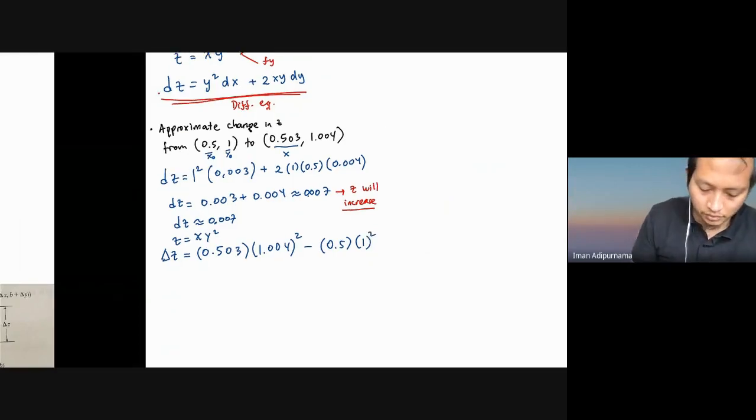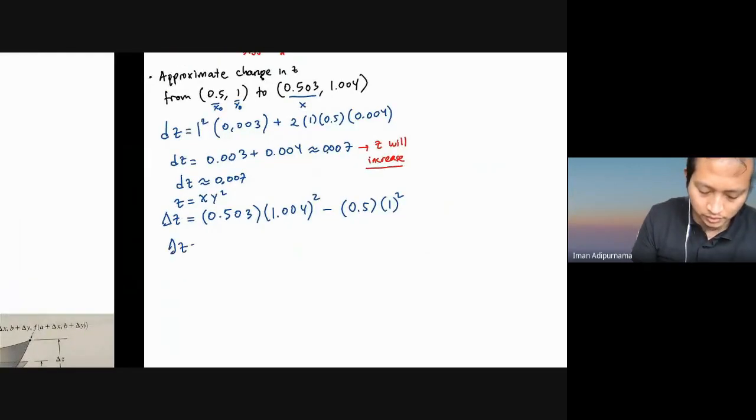If you take your calculator and try to calculate all of this, it will be 0.00705. This is the real calculation.